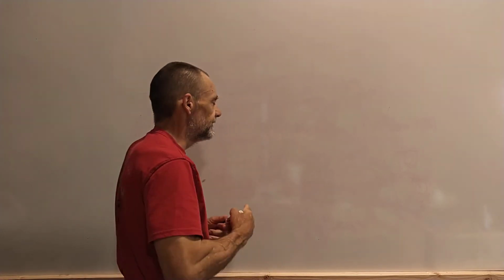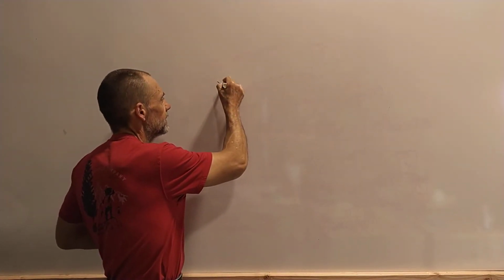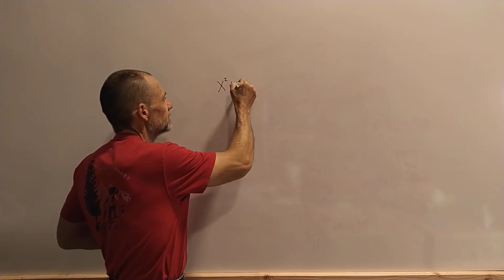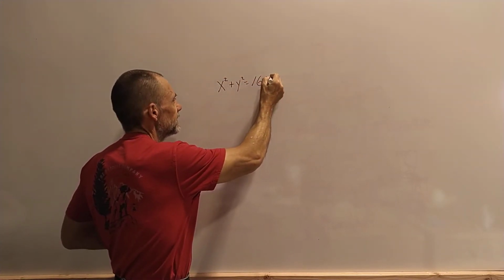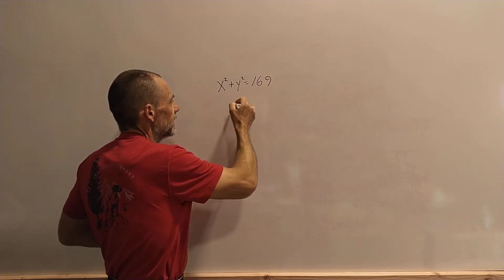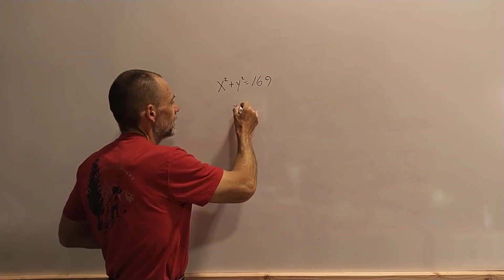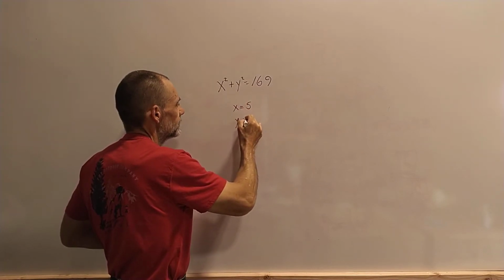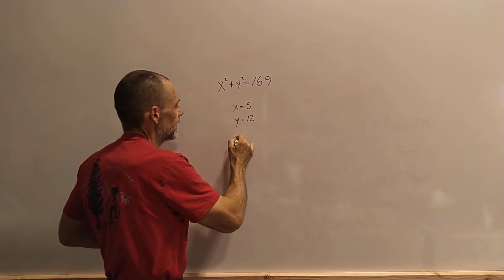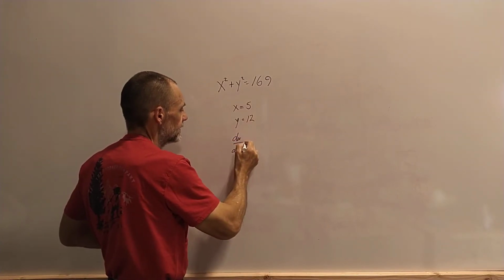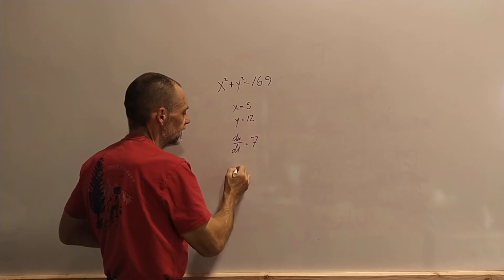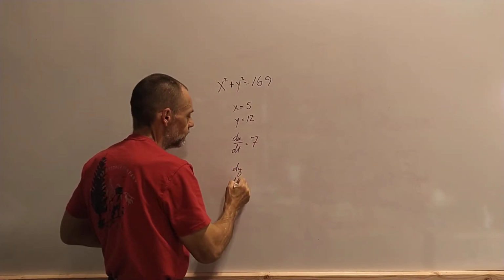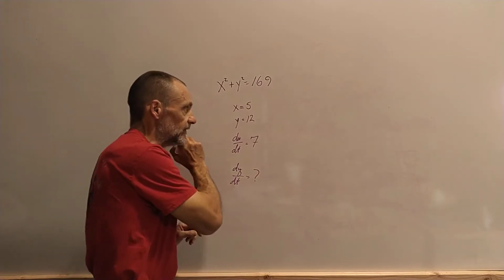So I wanted to revisit this problem that I got, the question from a Cal 1 student. If you remember, the problem was something like, given x squared plus y squared equals 169, and I think x was 5 and y was 12, and dx/dt was 7, and the question was, what is dy/dt?